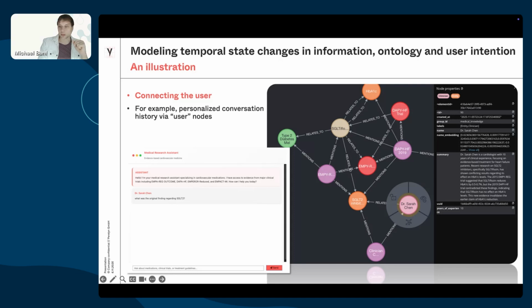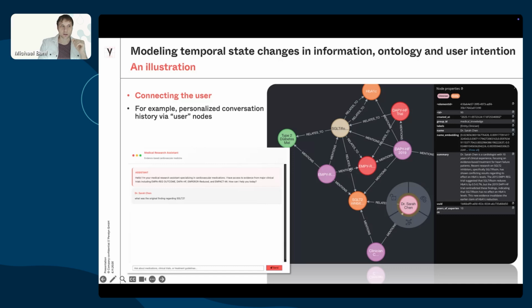And we can go, as I mentioned, one step further, and this is also food for thought: next to the data and the modeling of temporal changes in the data, what about the temporal changes of user behavior, the temporal changes of the interaction?